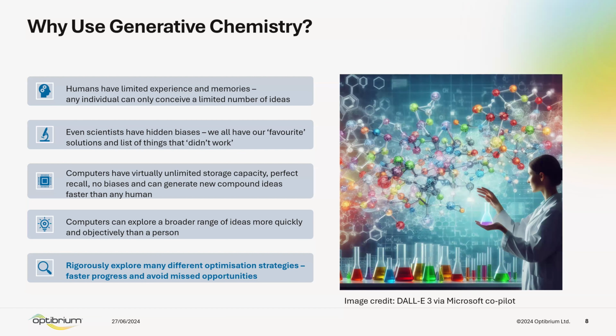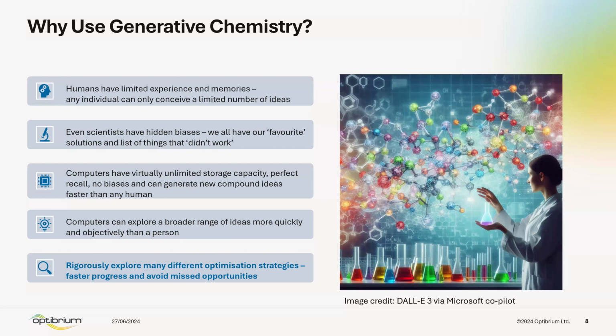On the other hand, computers have virtually unlimited storage capacity, perfect recall of any information they've seen, no inbuilt biases, at least no biases that we don't provide them in the first place, and they can generate new compound ideas far faster than any human can enter them into a computer. And what that means is that computers can explore a much broader range of ideas much more quickly and objectively than any one person.